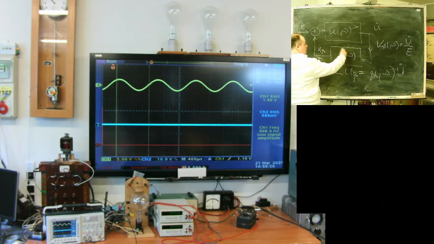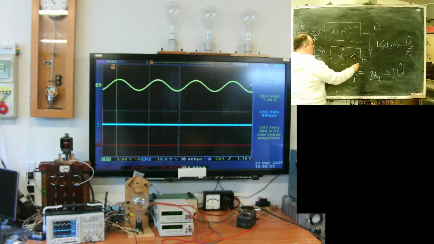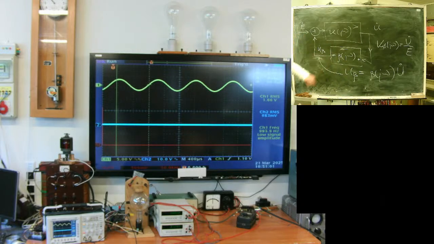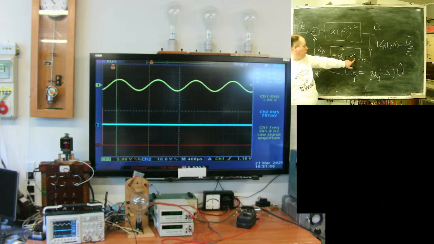If this thing works this way, here is, let's say, input, here is output. So the voltage at this point will be this voltage multiplied by its transfer. Clear? Clear.